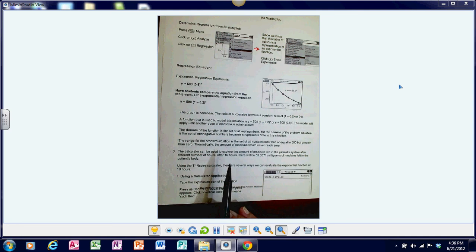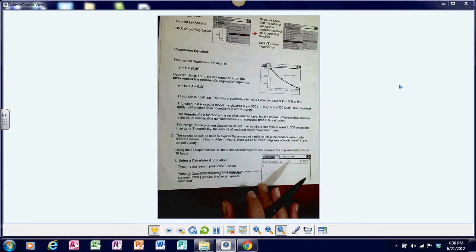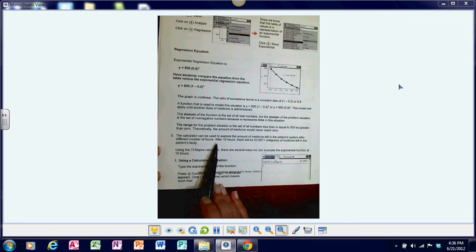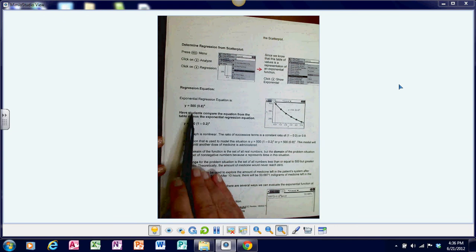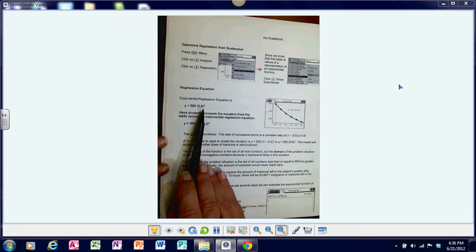For question number 3, describe how to determine the amount of medicine left in the body after 10 hours. The calculator can be used to explore the amount of medicine left in the patient's system after the different number of hours. If we go back to our equation, y equals 500 times 0.08 raised to the x power.